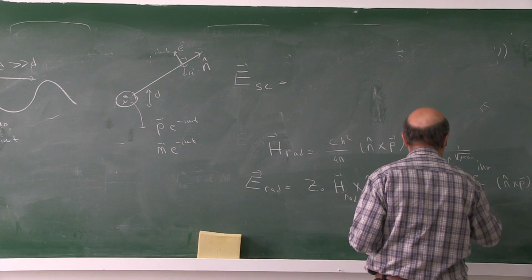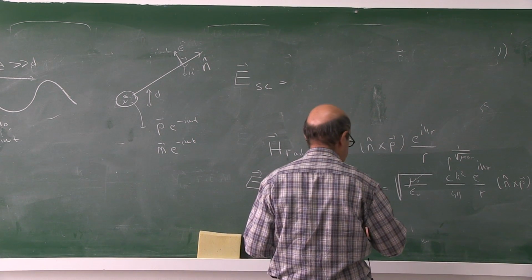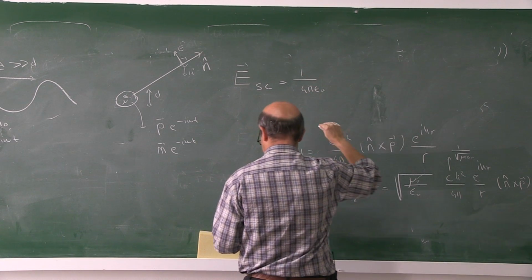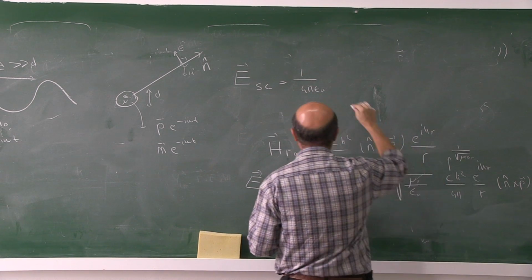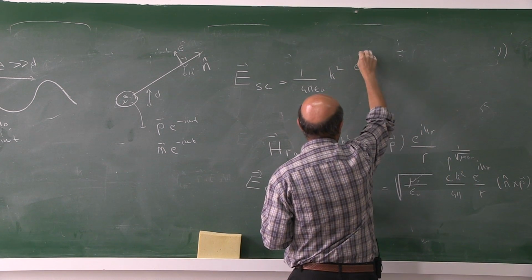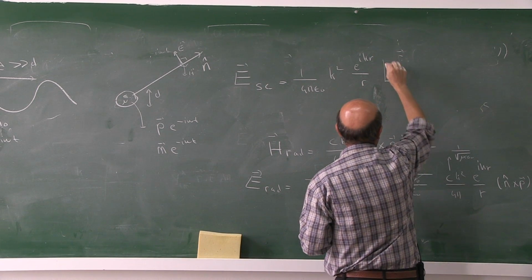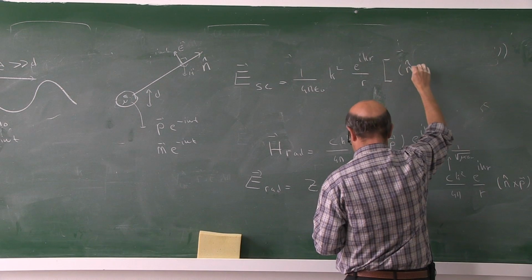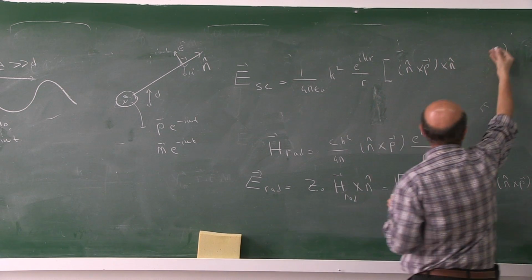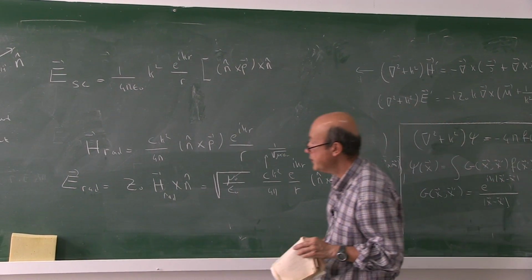This term will be cancelled, and basically the coefficient will be 1 over 4 pi epsilon 0, and the other term k squared, e to the ikr over r, and the leftover term n cross p cross n. Okay, so we will treat this as a scattered electric field.